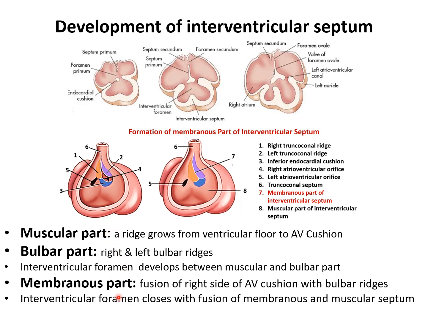Then how is the membranous part formed? The membranous part is formed by the fusion of the right side of the AV cushion with the bulbar ridges here.